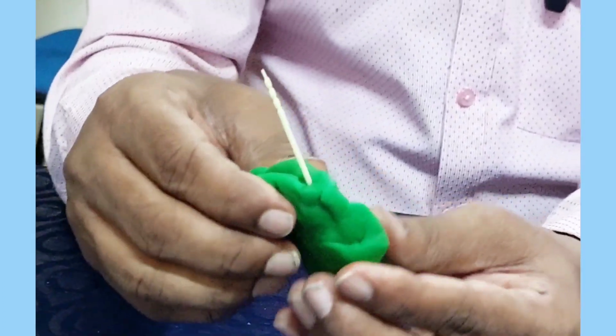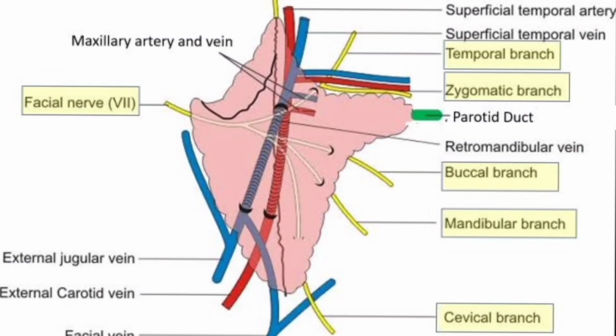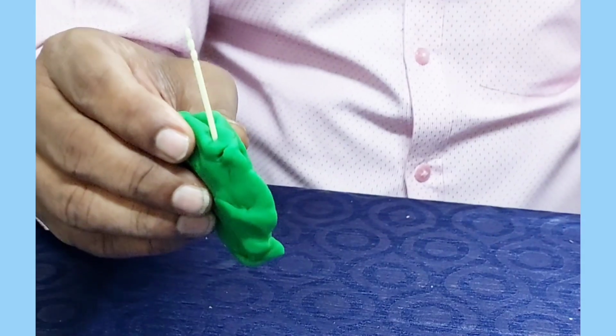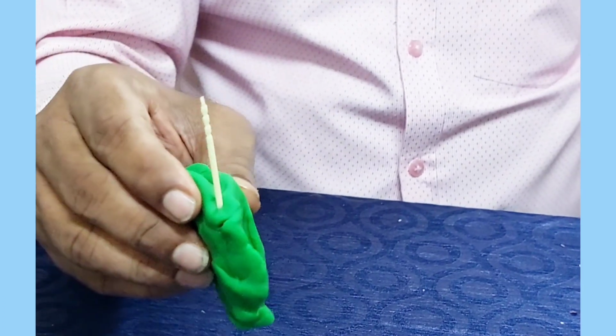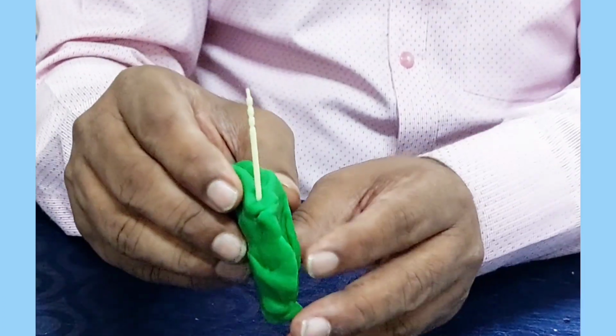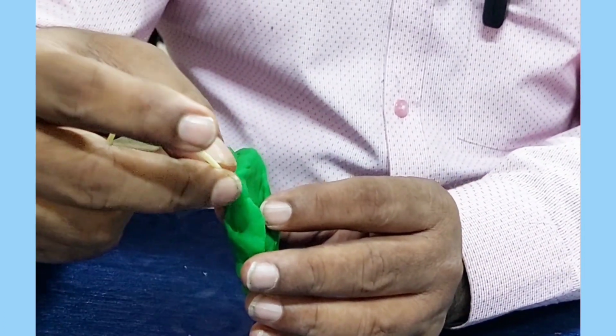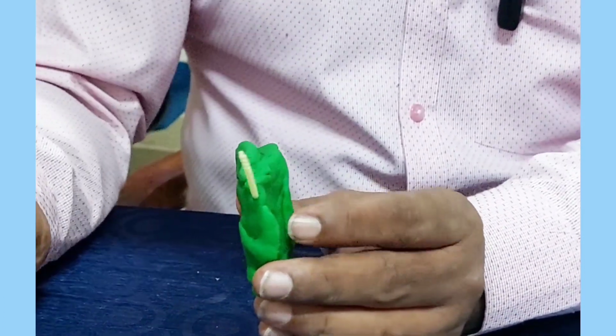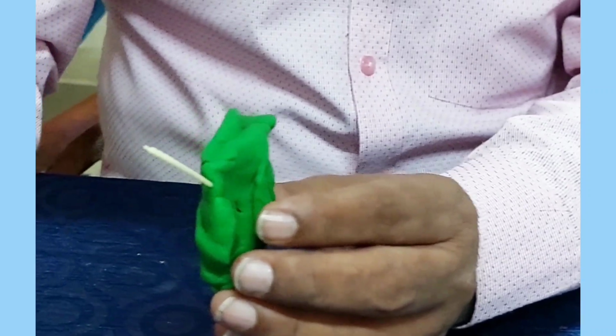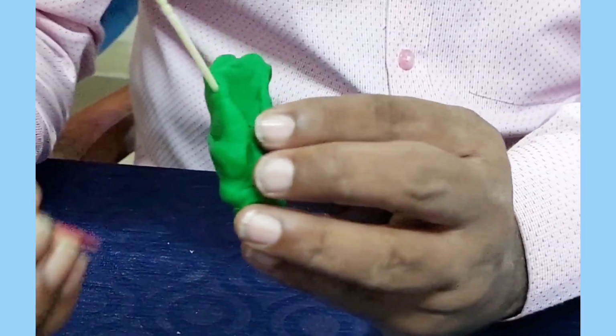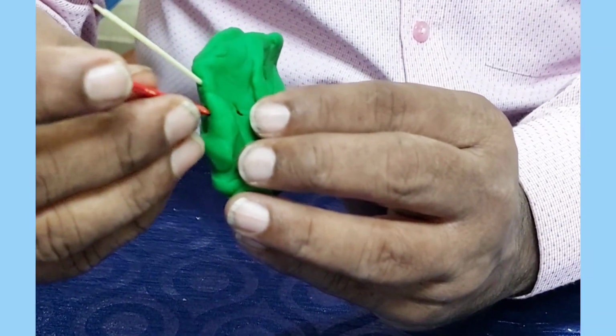Then what are the structures that come out through the anterior border, or just deep to the anterior border, from the anteromedial surface? From above downwards, these structures will be the zygomatic branch of the facial nerve, this one, then the transverse facial vessel.